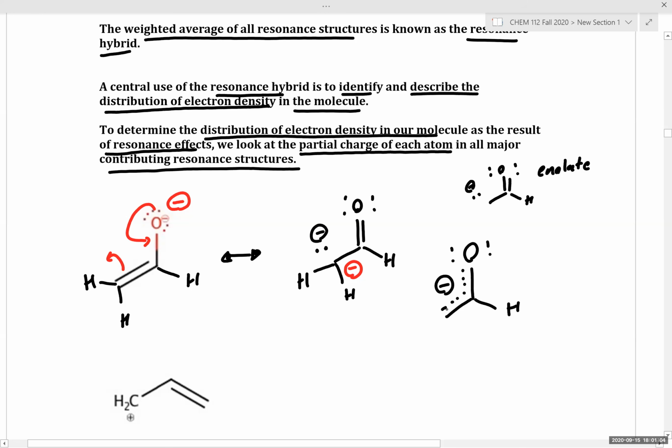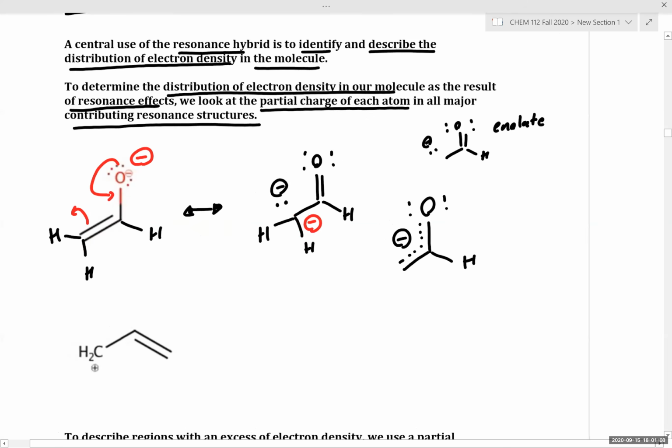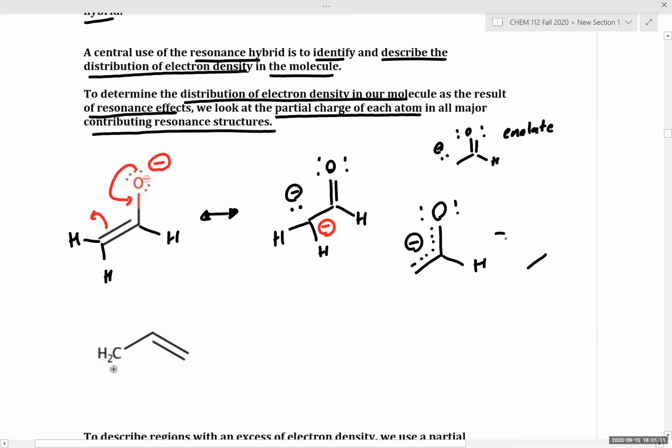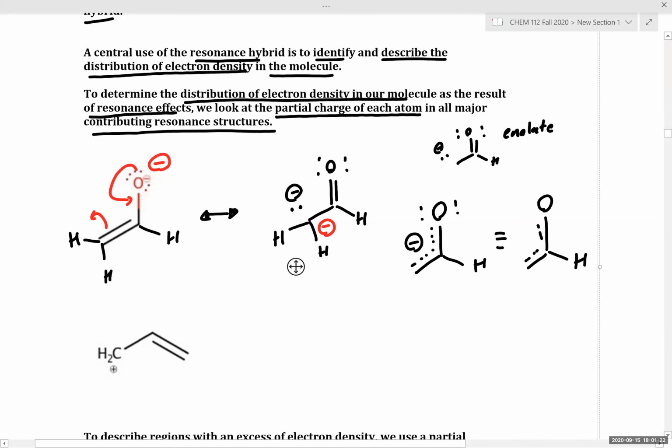We can be a little bit more explicit: which two atoms have a partial negative charge? Which of our atoms have a lot of electron density? Which of our atoms do we draw a negative charge on in each of our resonance structures? Oxygen and carbon.